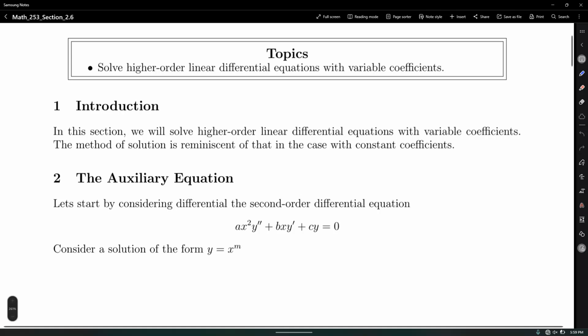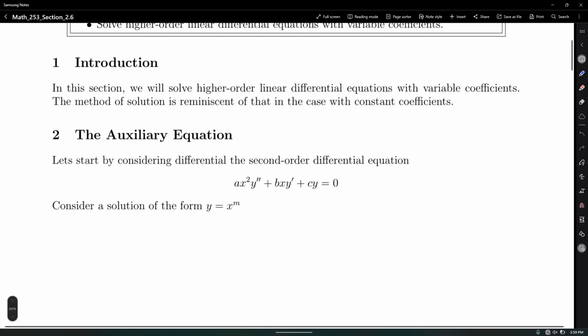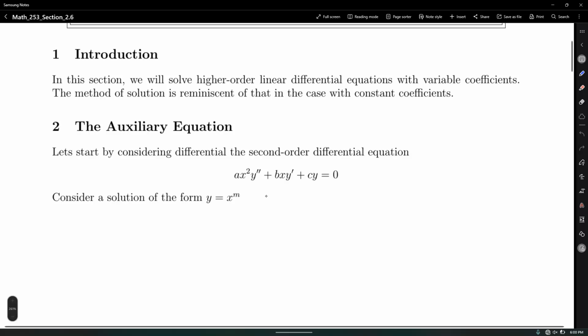In a similar way to what we did back then, let's find the derivatives. y prime is m x to the m minus 1, and y double prime is m times m minus 1 times x to the m minus 2. What are we going to do here? Let's substitute this into the differential equation.